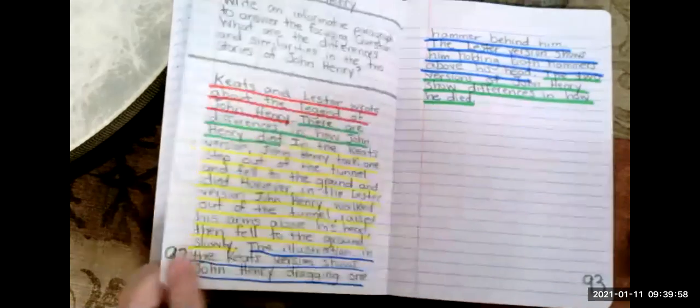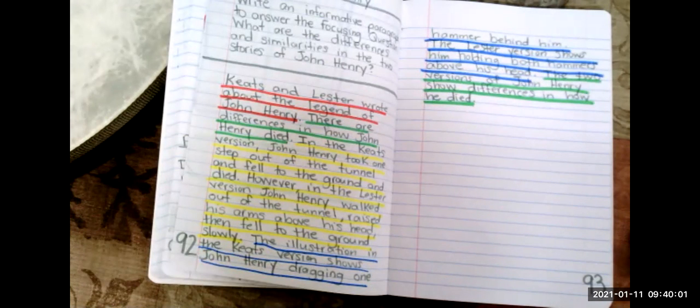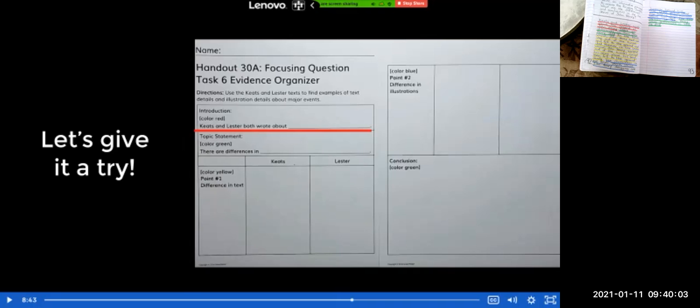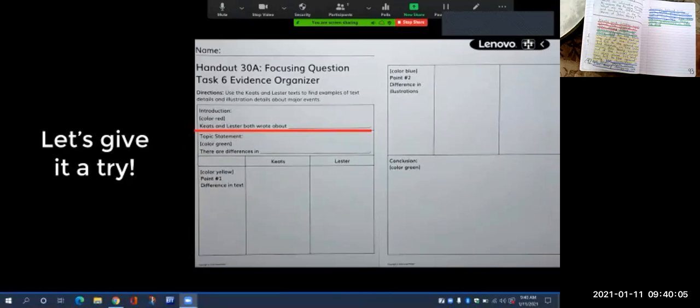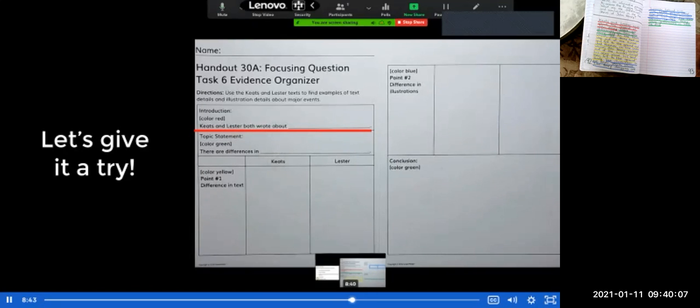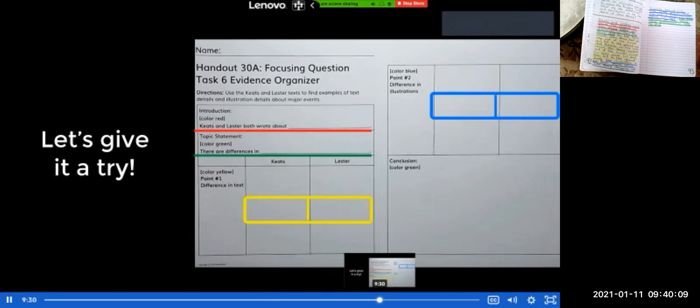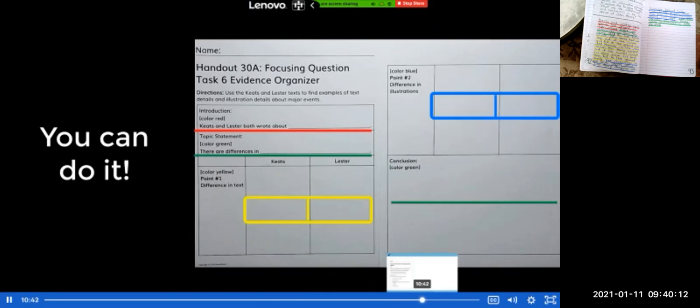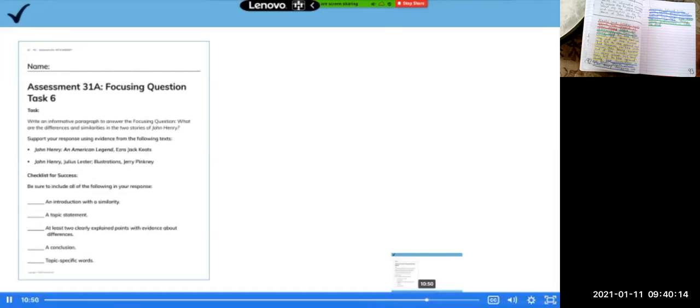Okay, so let's go back, and I'm going to fast forward through part of this. We already did all of this, exactly the same.